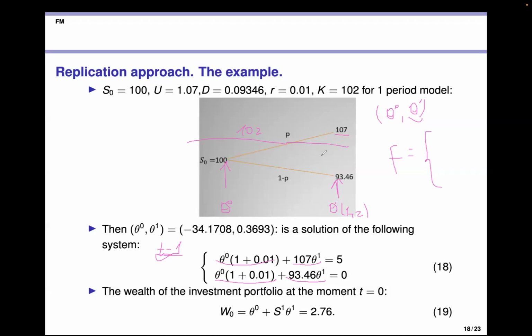The function is S minus K, so 107 minus 102, which is 5. But in the down scenario, the price is 93.46.